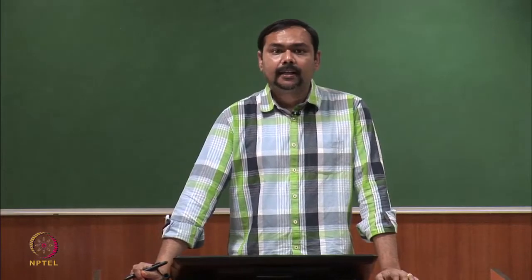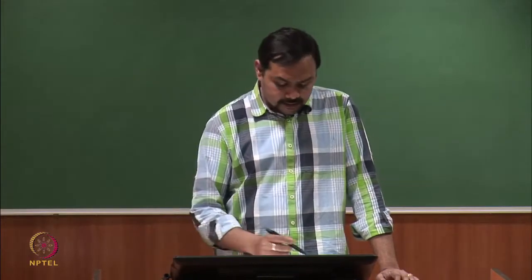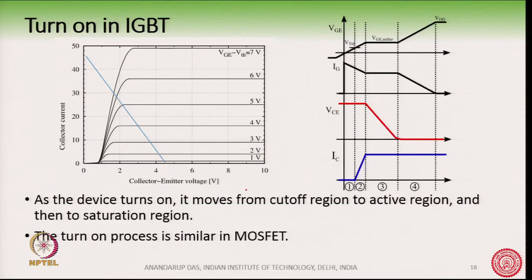So, we can say that if we see this IC versus VCE characteristic of the device, it has now moved from the cutoff region through the active region and has settled at the saturation region. So, this is the saturation region, here it will settle.